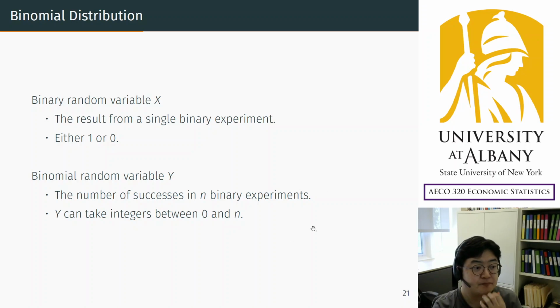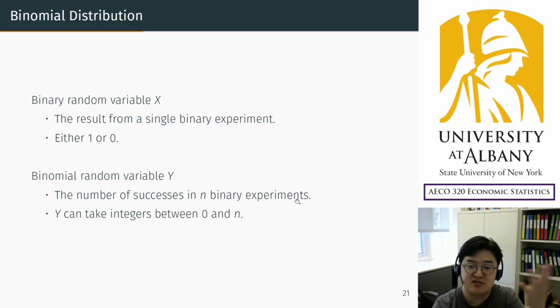In this chapter, I will denote one single binary random variable as x. It is either correct or wrong, a single question. But y is the overall quiz grade, which counts the number of correct answers out of n experiments.